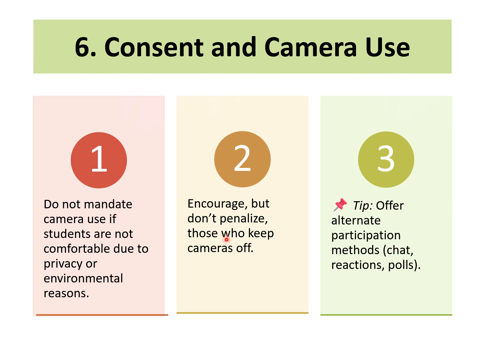Number 2 is encourage but don't penalize those who keep cameras off. The tip is to offer alternate participation methods, like they can comment, participate through chat, reactions, and polls, to ensure that they are attending. They are sitting in front of the camera but not opening it, but still they are there. So you can use these alternate methods.